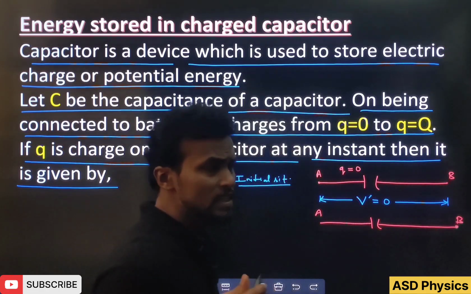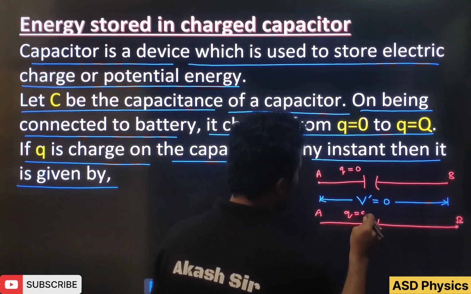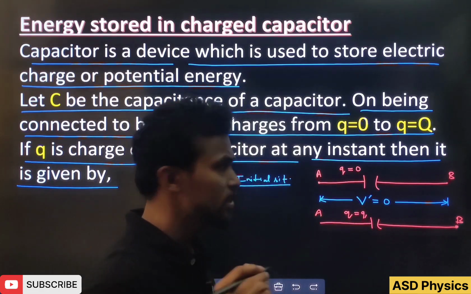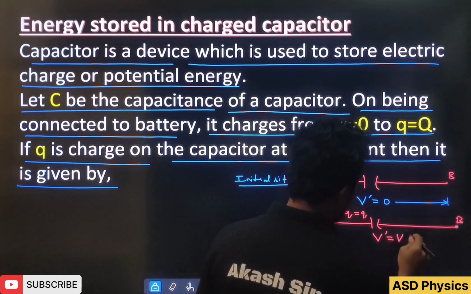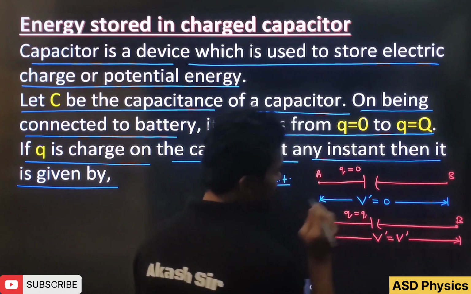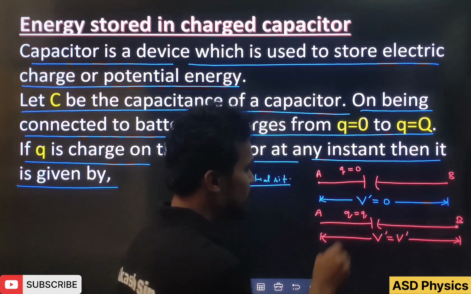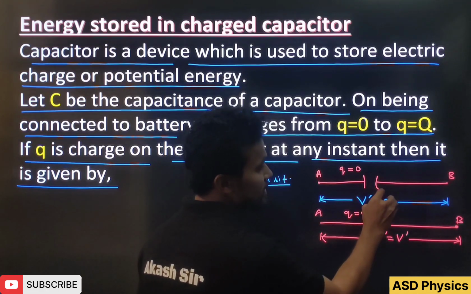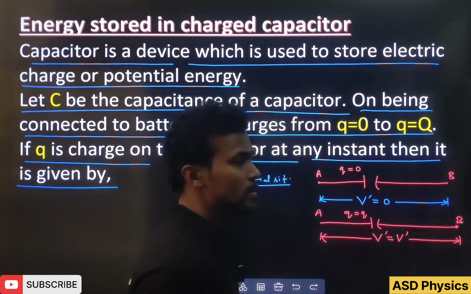In the intermediate situation, let's take the charge on the capacitor as Q, and at that instant the potential across the capacitor is V dash. This V dash we are using for the potential across the capacitor at any instant. So at t equal to 0 there is 0 potential, and after some time it is V dash.